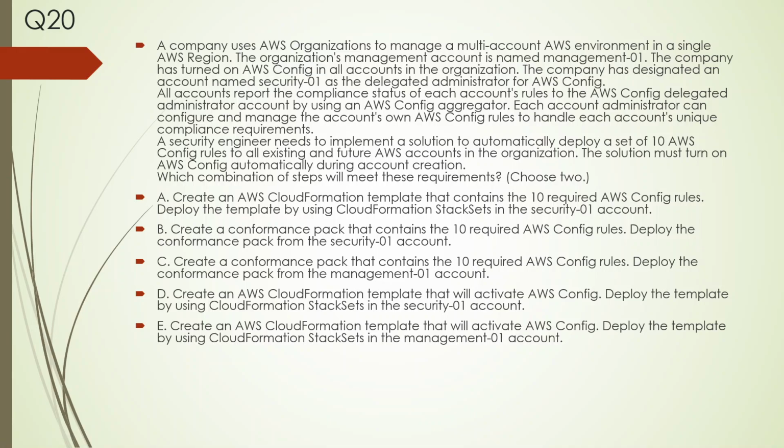I think the correct answer is B, and we need a conformance pack. But who is going to deploy it? It's going to be Security 01, and we need a CloudFormation template that will activate the AWS Config, which will be, that's wrong. Should be Management 01, right?